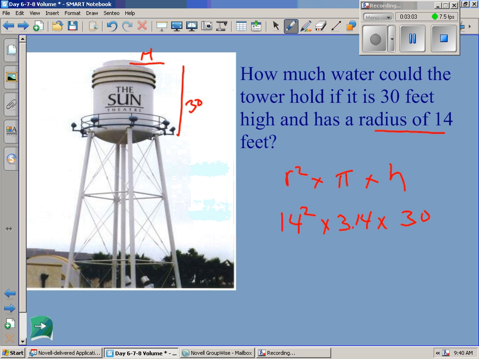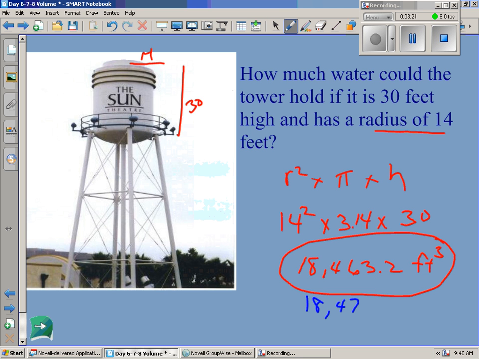If you solved that problem, you had 18,463.2, and this, remember, is volume, so we want to label it with cubic feet. Now, if you use the pi button instead of 3.14, your answer is going to be really close. It changes slightly, I think like 18,472 or 476 or something like that, but fairly close, with a little difference because of the value of pi.